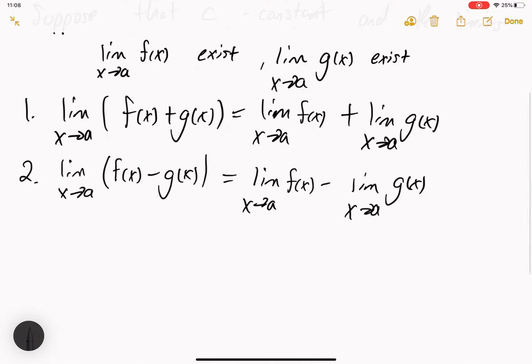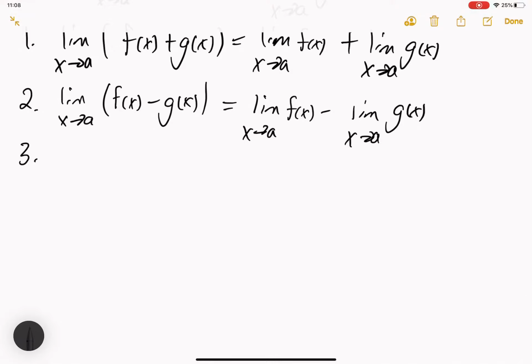So the limit of the difference is equal to the difference of the limits. That's kind of clear to see, and these two are basically the same thing. Here you just let g of x be negative g of x, because one is just the negative of the other, but I wouldn't worry about that too much.